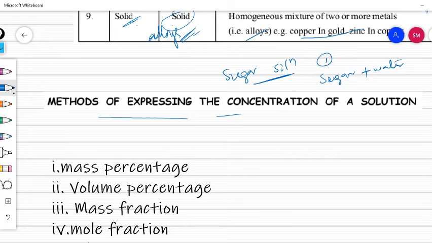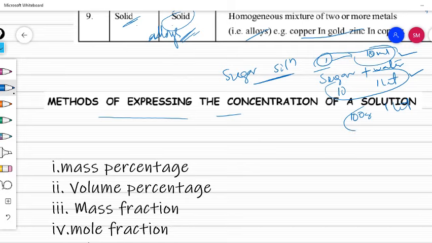If I take 1 gram of sugar and 10 ml of water, if it is dissolved, can it be called a solution? Of course. If I take 10 grams and 1 liter, is it a solution? Of course. If I take 100 grams and 1 liter, now also it can be called a solution.